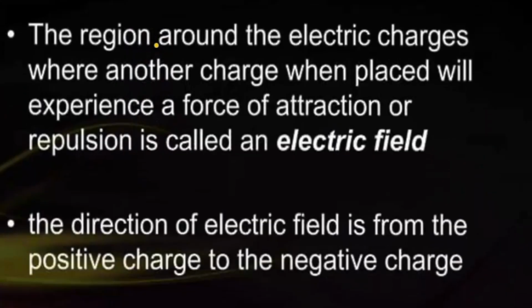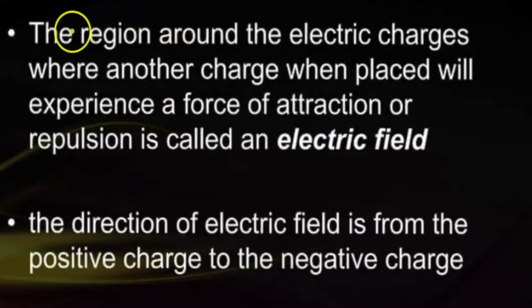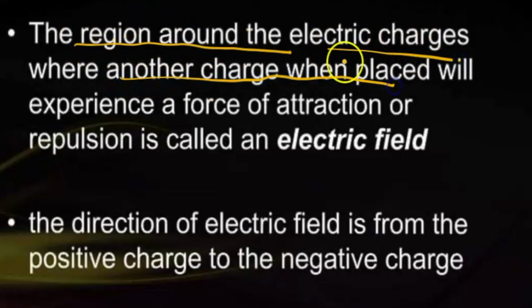So here we can see basically the electric field. What is that? The region around the electric charges where another charge placed will experience a force of attraction or repulsion.